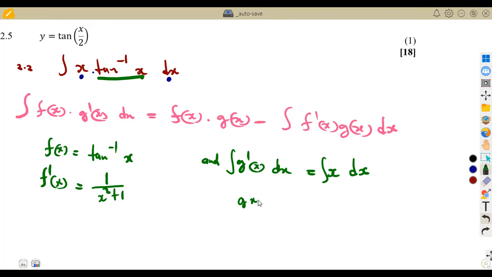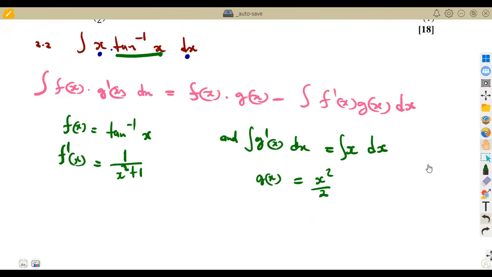We are going to get g(x), which is equal to the integral of x. The integral of x with respect to x is going to be x squared over 2. So let us get back to the formula and substitute.